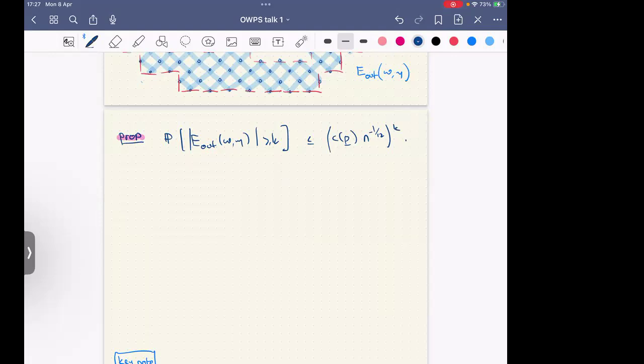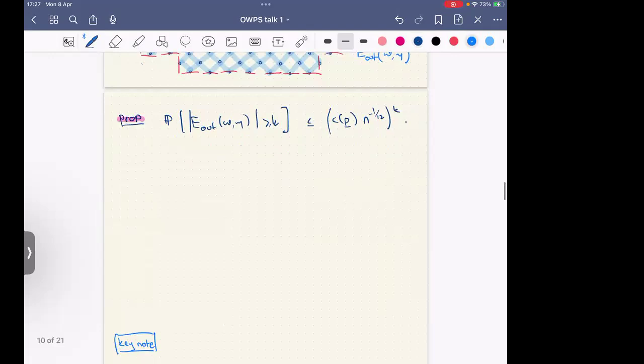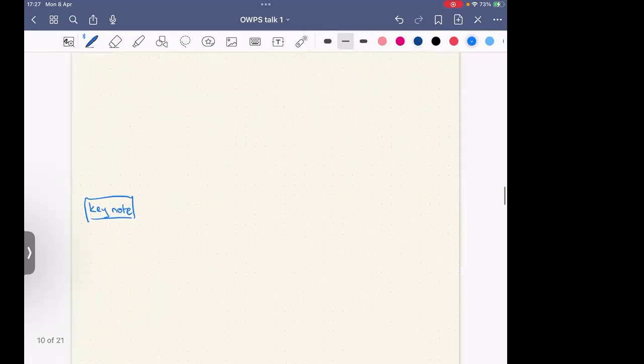So we're going to have to actually slightly edit this proposition for a reason which I'll now explain, which is that we want this set E out, which is the things not in any cluster, to have two properties. Firstly, we want it to be connected.